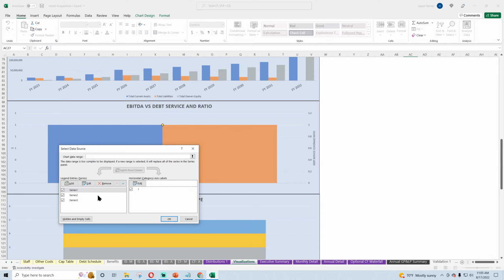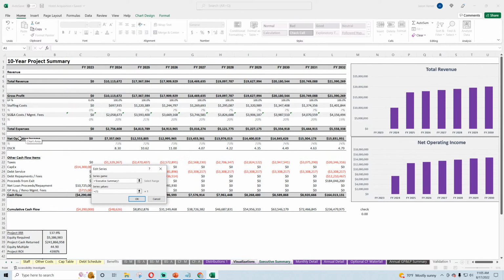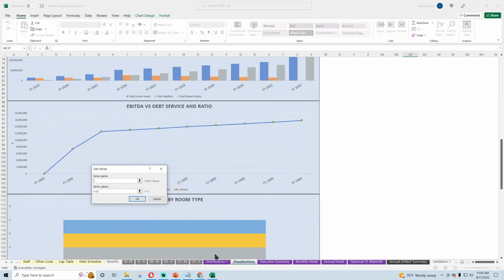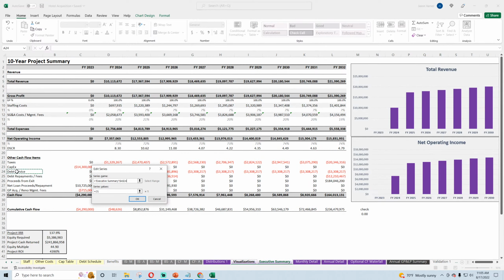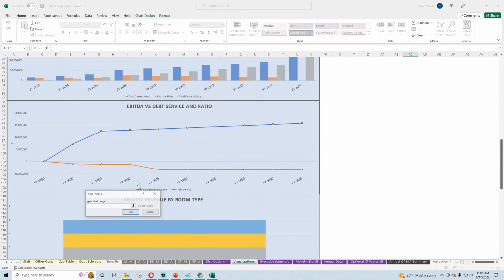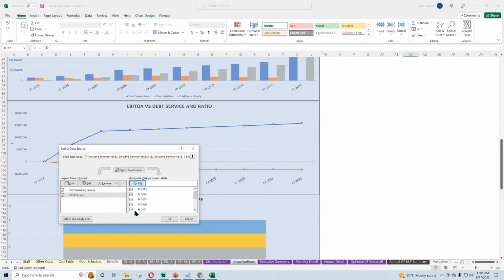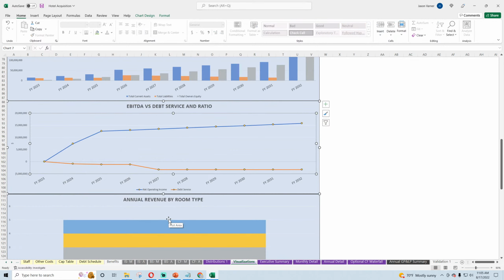So we got to fix this. So EBITDA is actually going to be net operating income versus debt service. Is that okay? Perfect.